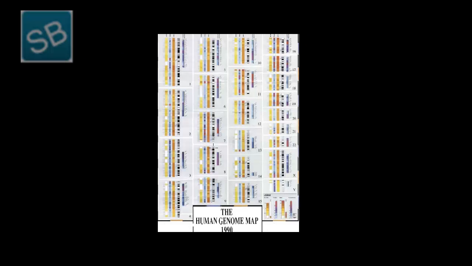This figure depicts the human genome map that was made in 1990. This figure depicts the genome structure of different organisms, that is humans, their genetic structure and the arrangement of genes within it.